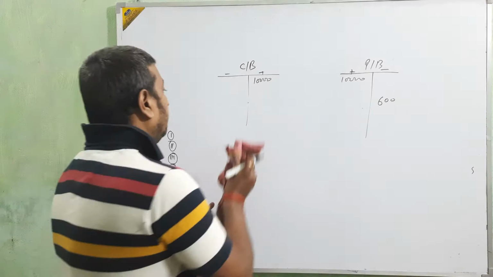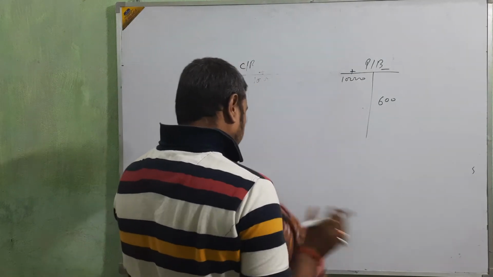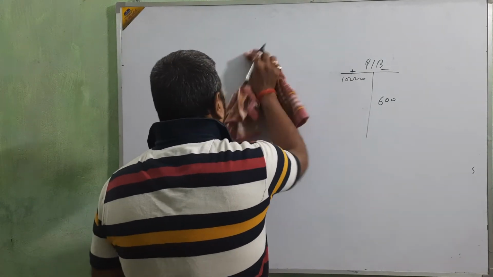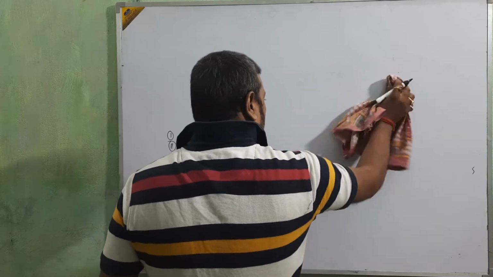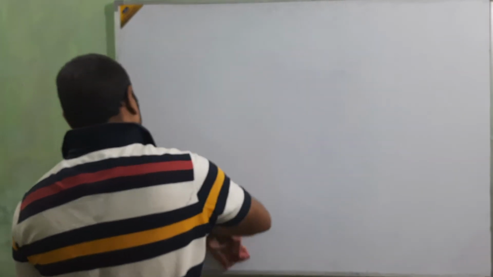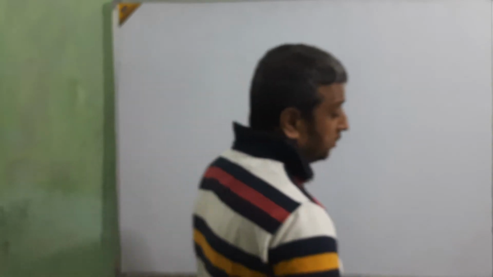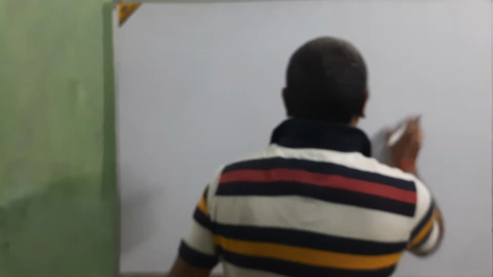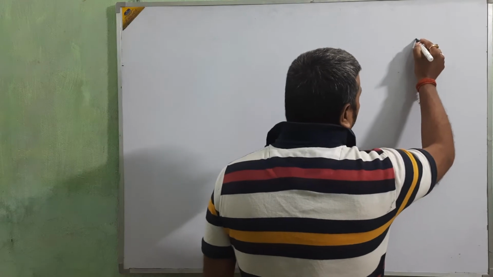Okay, beta. Now I am going to show the ways in which we make the bank reconciliation statement. First, I am going to present the pro forma of the bank reconciliation statement.